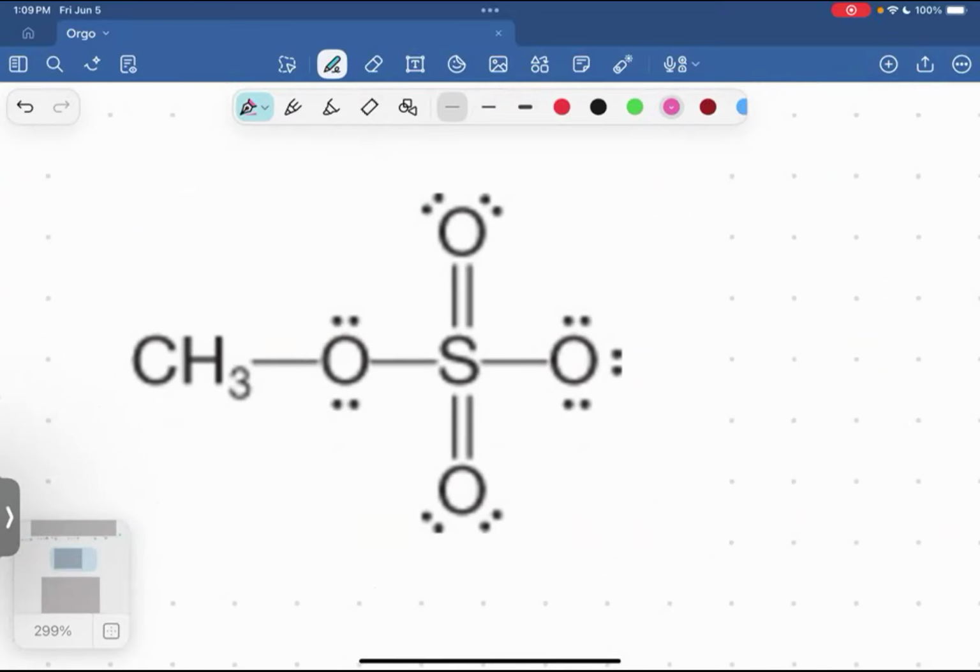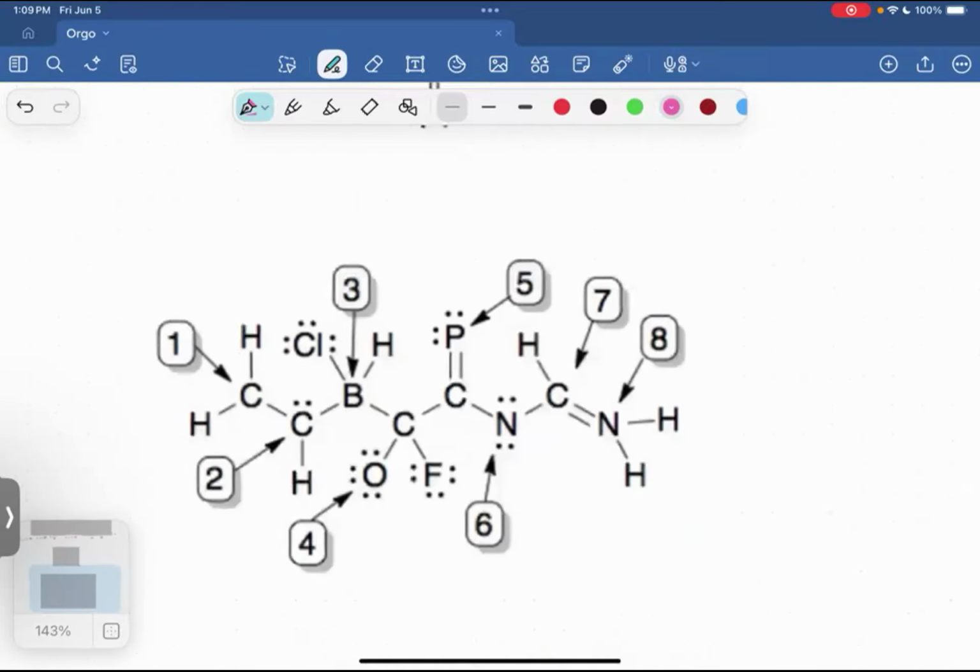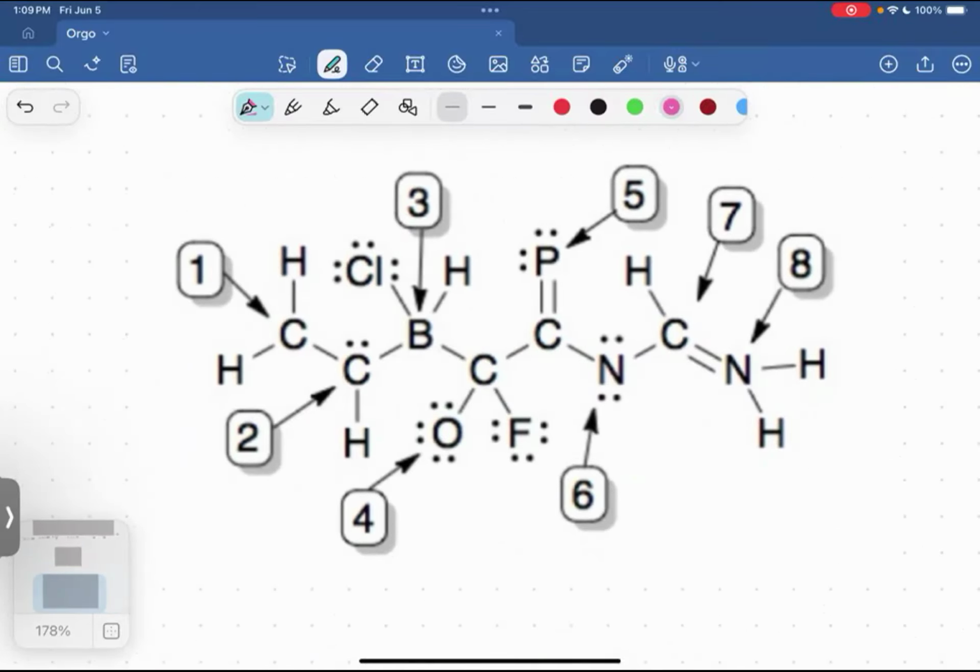And this one is just another example. We're not going to go through that, but you would go through the same exact process. So let's just label some of these. How about this oxygen on number 4? Number 4 oxygen is making 1 bond. So we know that's going to be a -1 charge.